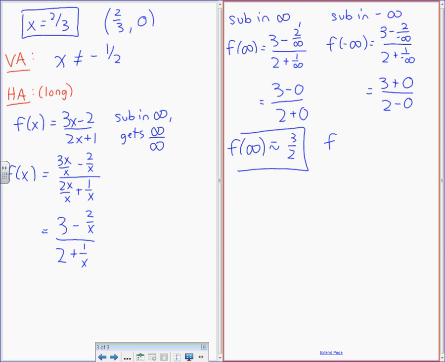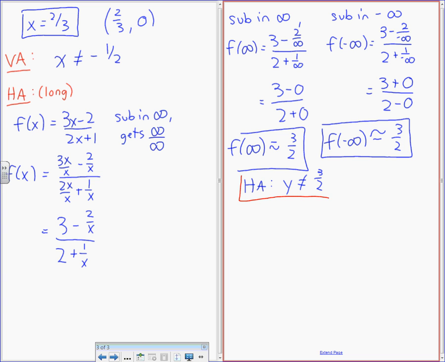So f of negative infinity is approximately equal to 3 over 2. Very, very close to 3 over 2. So what that tells me is the horizontal asymptote is going to be y cannot equal 3 over 2. That's the long way to do it with infinities.